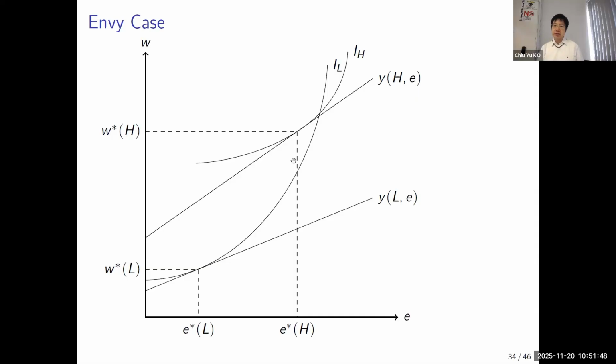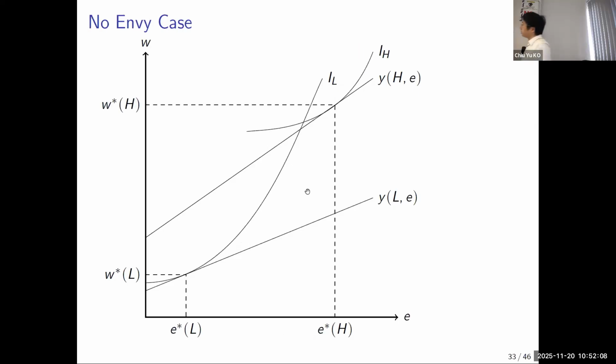And you can easily see that the low type wants to be here if he can pretend to be there, because this is in the higher set for the low type. So you can easily imagine, later we'll talk, when there is no envy, the separating equilibrium is very easy, because the low type doesn't want to pretend, and the high type of course doesn't want to pretend to be low type.